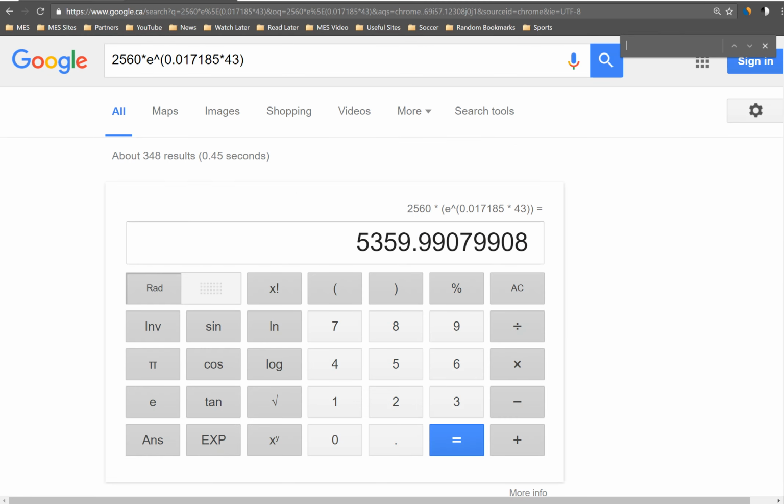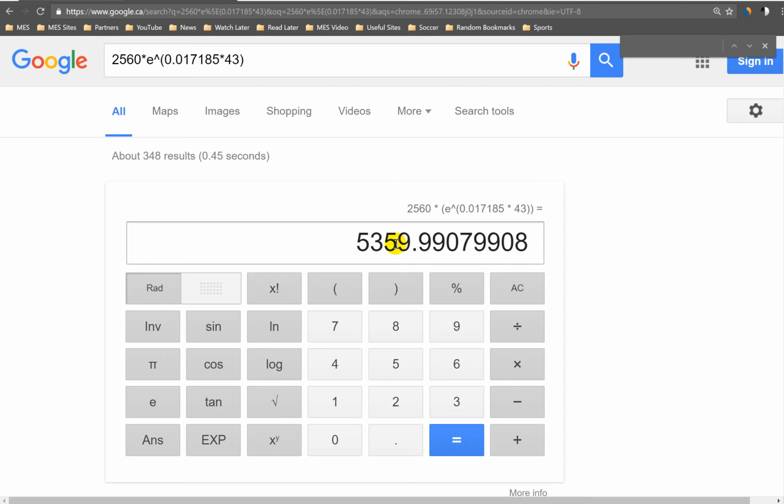If you plug this into the Google calculator, 2560 times e to the power of, there's our k, 0.017185 times 43, we get about 5359.9999907, and we'll round it up to 5360.